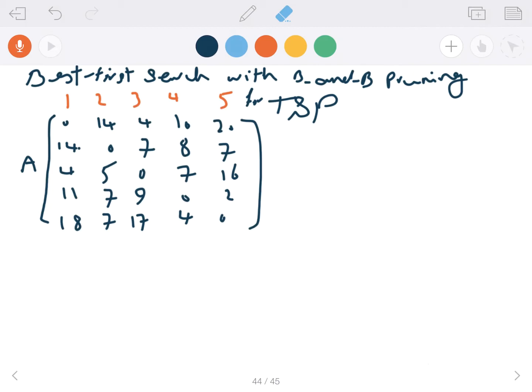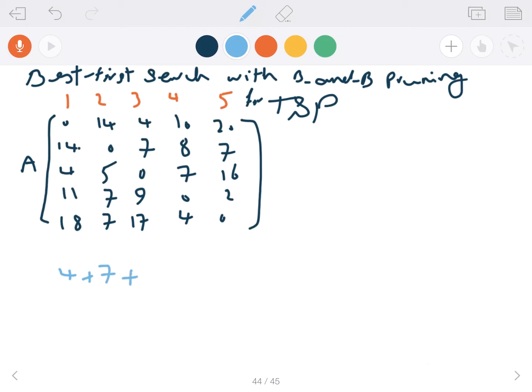That's the distance to node 3, which is equal to 4. Then what's the minimum distance from node 2 to any other node? That is equal to 7, either node 3 or node 5. So this is plus 7.